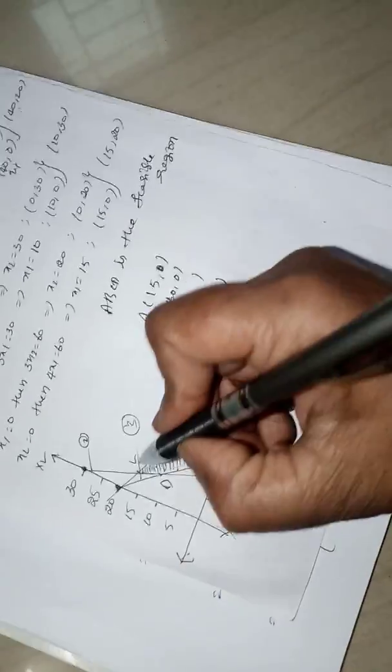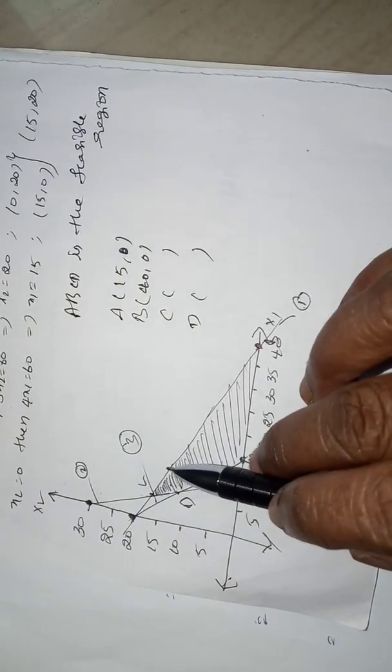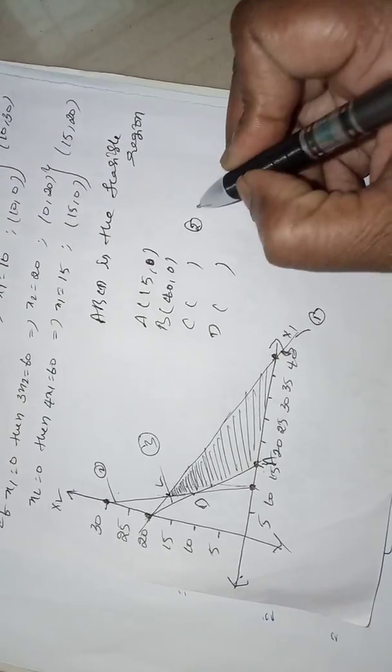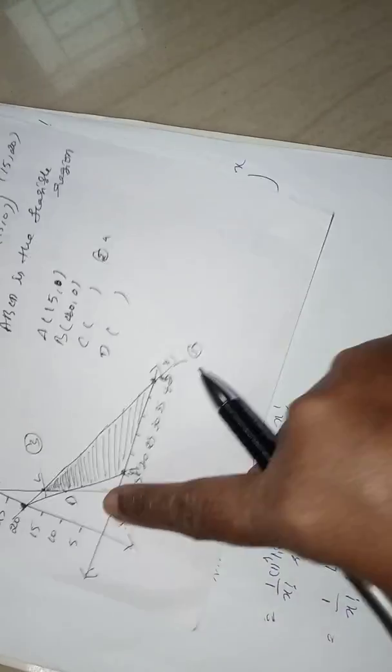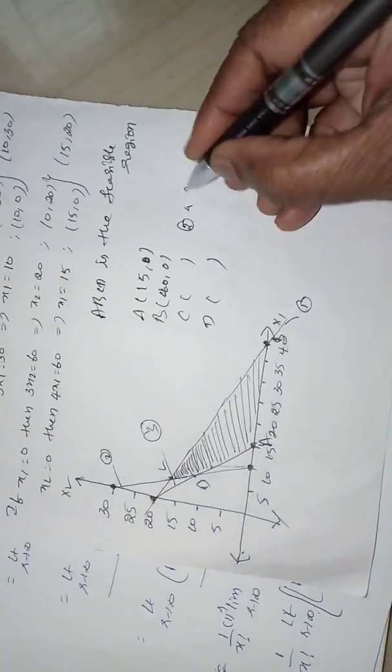Which lines are intersecting for getting C? By observing here, equation 2 and equation 1. So for getting C, you have to solve the second equation and the first equation.